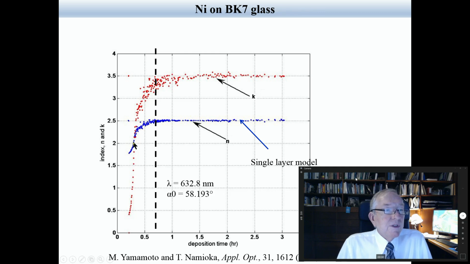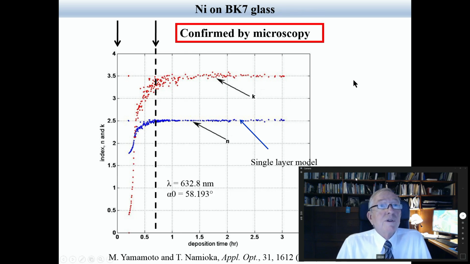And you can see things seem to be changing here below a deposition time of about 3/4 of an hour, but above that it settled down. And it was confirmed by microscopy that that is a result of island growth in the early part of the film. And during that time interval, we were growing islands, so the model would not fit.